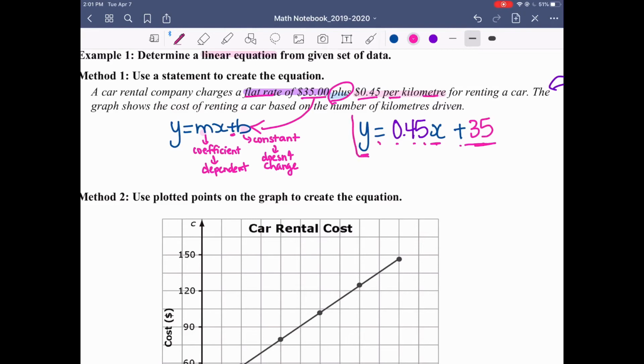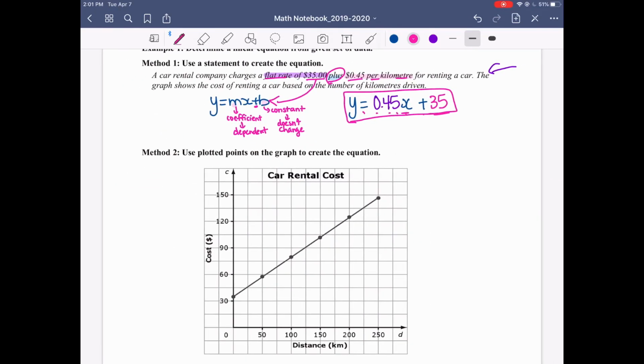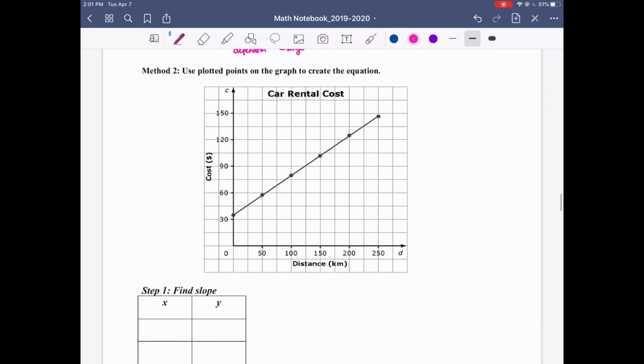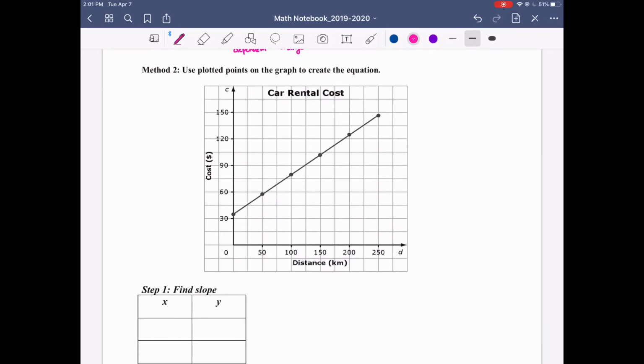And this is the equation that represents the cost of the rental car. Now, that's how you do it based off of a sentence or a statement. How do we do it based on our graph? So this is the graph of the information where we have how much distance is traveled versus the cost that you have to pay for the car rental.